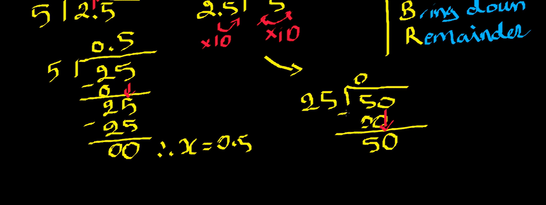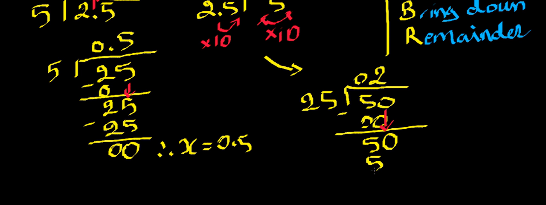So I'm going to see now how many times does 25 go into 50. It would be 5 times. Would it? Check your answer. It would be 2 times. Checking to see if you're aware of what is going on at the moment. So this would be 2 times. And the way is to just multiply it to see if you get the same answer as the remainder. So 2 times 25 equals 50.